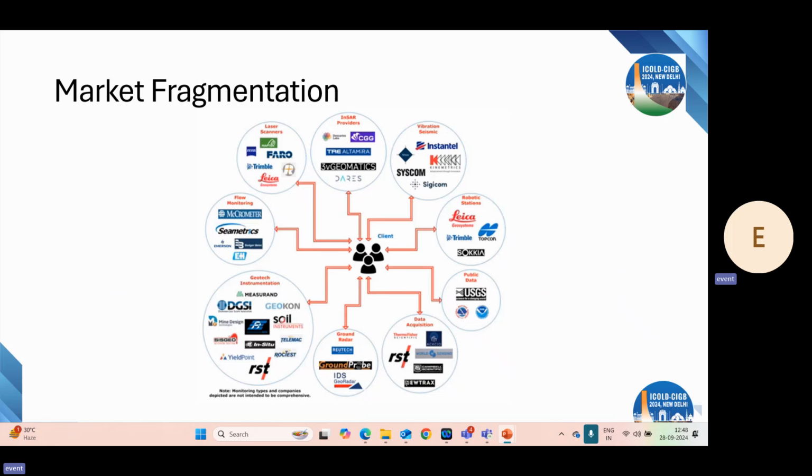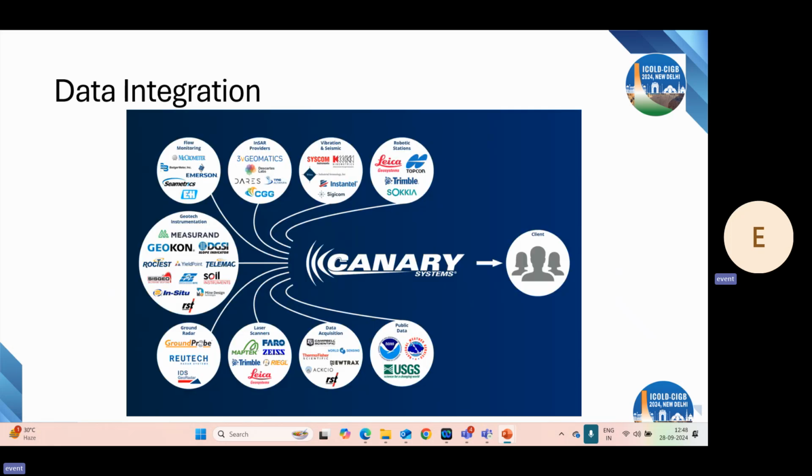So what we need here is a final solution to basically move away from the market fragmentation and move it more towards market integration, or you can say data integration.